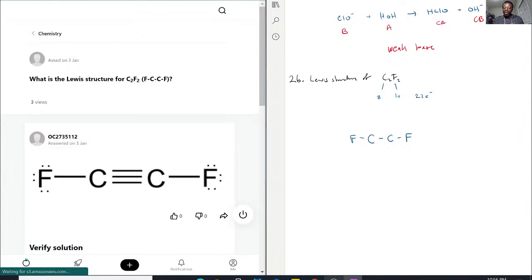What we can do here is fill in the valence electrons each has. 1, 2, 3, 4, 5, 6 of the 7 it has, because the 7th one is being shared. Same thing here. We'll now count the 1 in that bond. So 2, 3, 4, 5, 6, 7. Just so it makes it a little more clear. And the carbons, on the other hand, are each sharing 2 of its 4. So 3, 4, 3, 4.